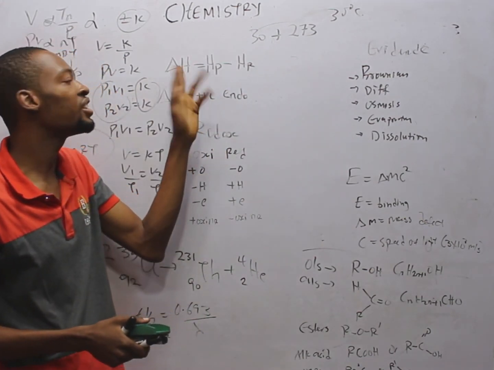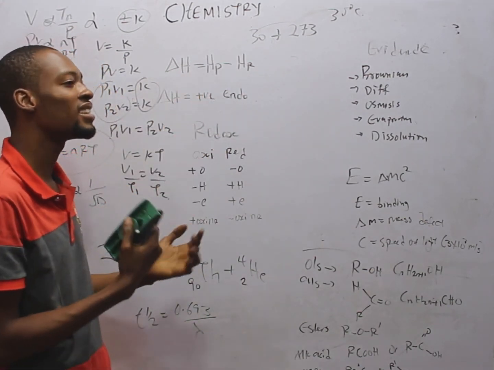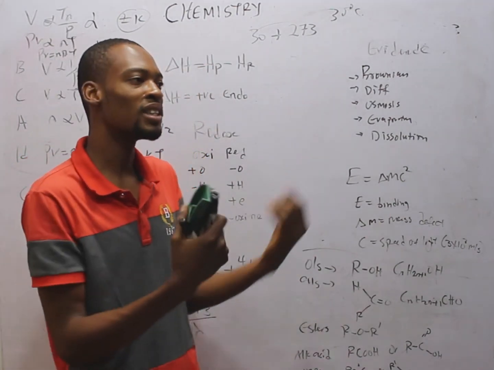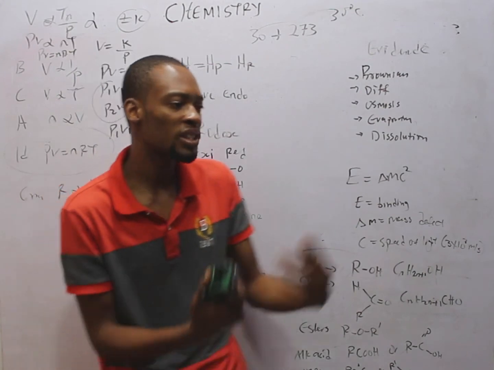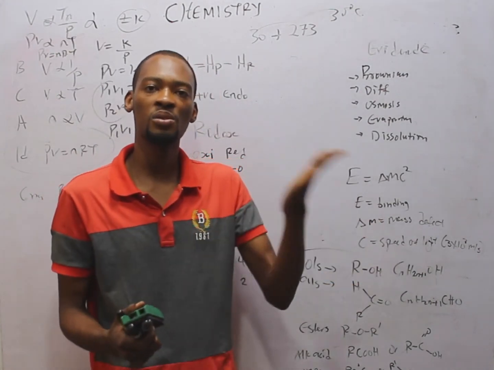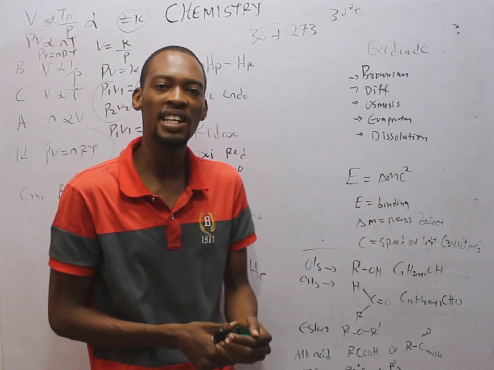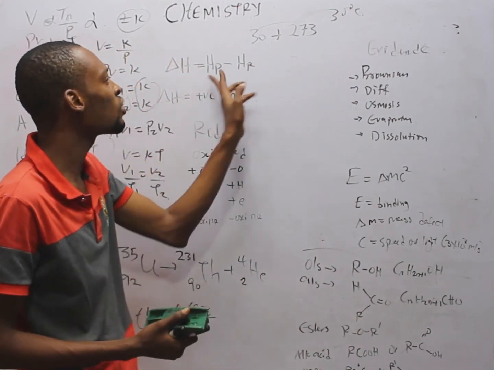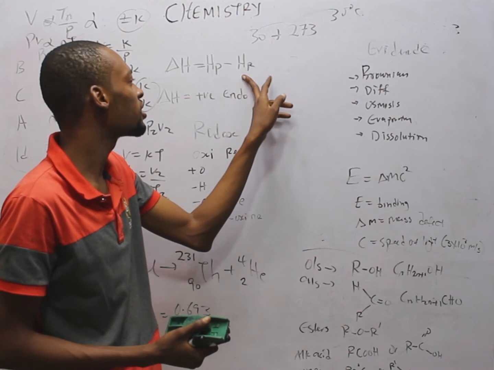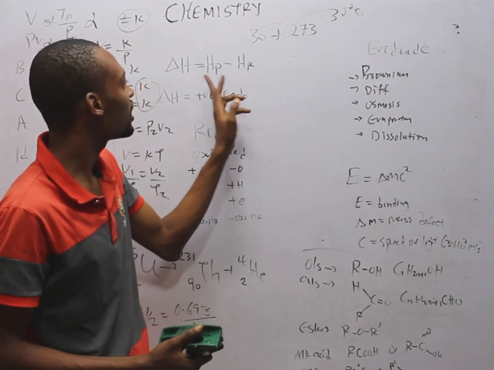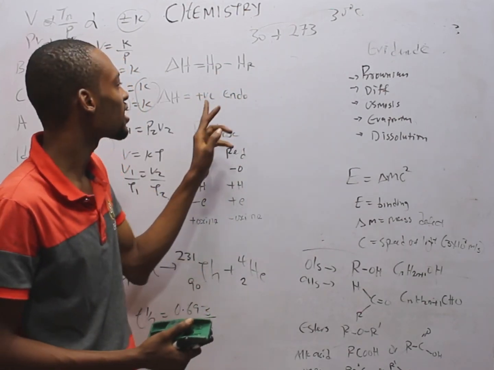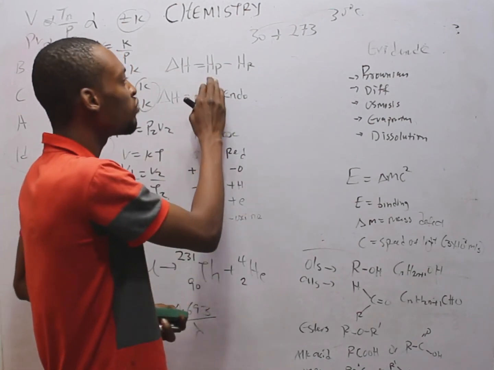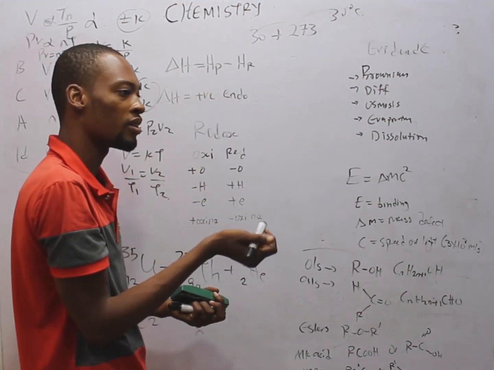Now this is heat change. Delta H is heat change. Enthalpy is the heat change of a reaction. In any reaction, we have an exothermic or endothermic reaction. In an exothermic reaction, heat is given out to the surroundings, while in endothermic, heat is absorbed. So delta H is equal to the heat content of product minus the heat content of reactant. If delta H is positive, it means the heat content of the product is more than that of the reactant.